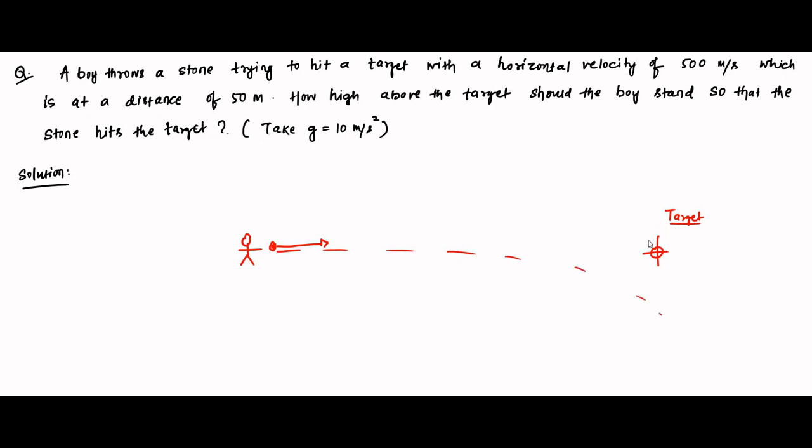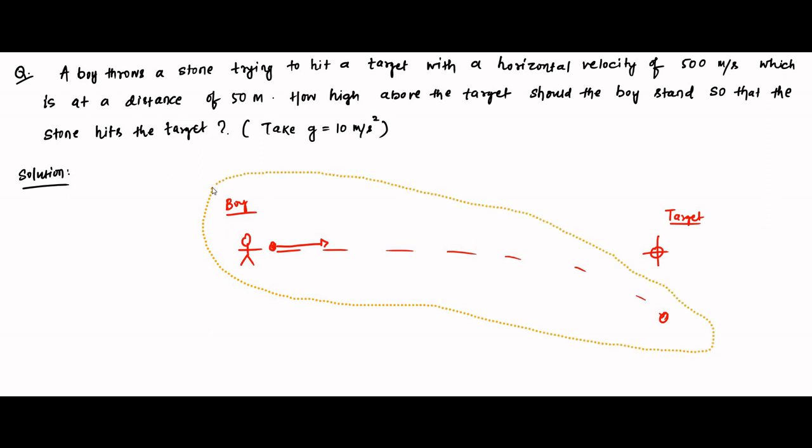So in that case, if the boy stands at the same level as the target, on the same plane, then the stone will most likely miss the target by a certain margin. So the situation should be that the boy should stand at a level higher than the target.